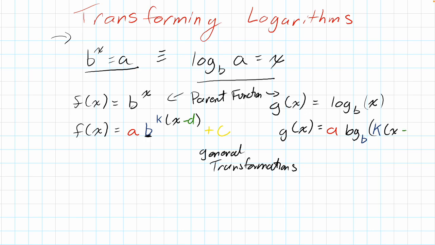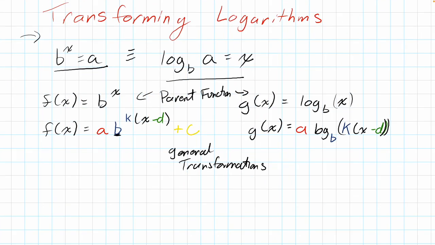So these are horizontal shifts. Finally, I'll put a second bracket here, which is technically a little to the outside. We have our vertical transformations, up or down. Both of these are general transformations just for different functions: this is our log of a base, and this is our exponential function with a base. They're slightly different, but the general transformations apply to these parent functions.